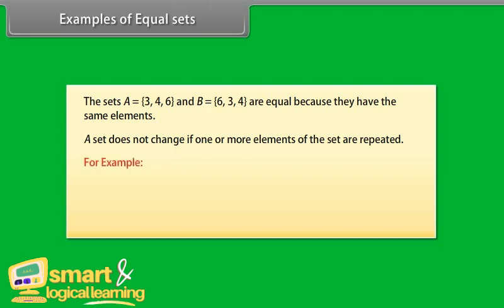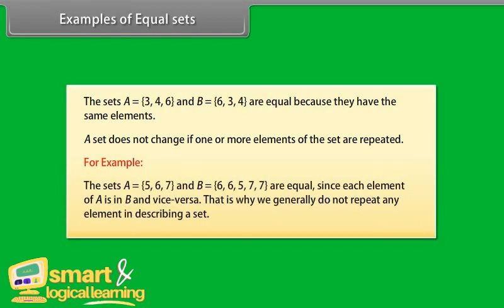For example, the sets A is equal to 5, 6, 7 and B is equal to 6, 6, 5, 7, 7 are equal, since each element of A is in B and vice versa. That is why we generally do not repeat any element in describing a set.